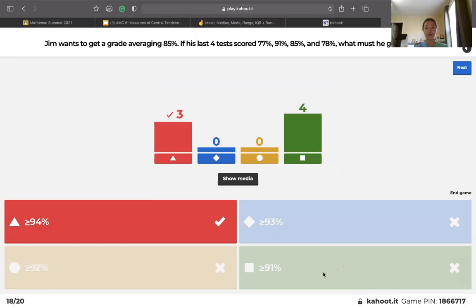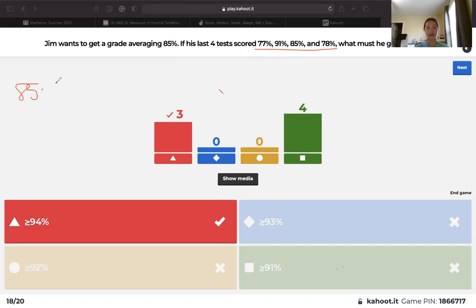And this problem is really similar to one we've already done when we were actually learning it. So basically you just find the sum of all the scores, then subtract the ones we already know. So these up here. So he has 5 tests. So you would just do 85.